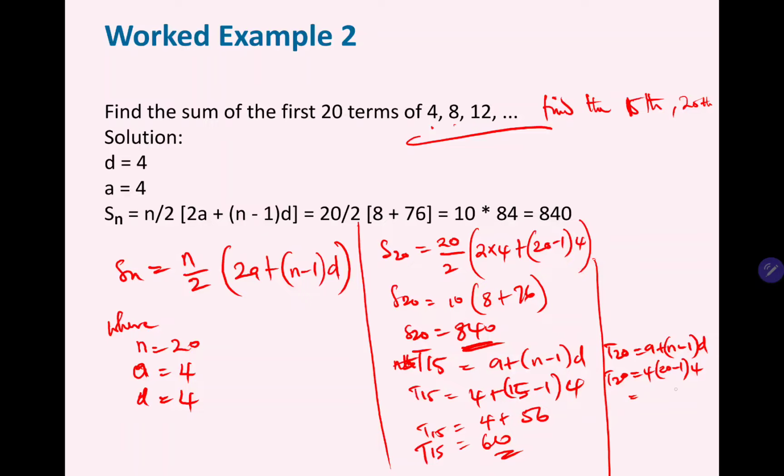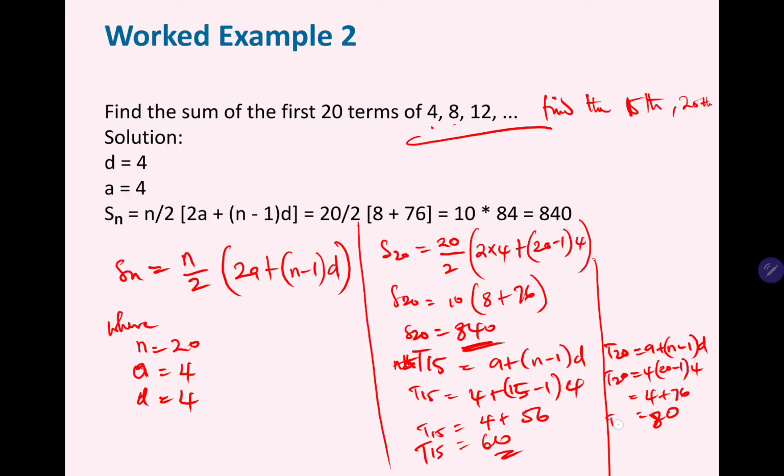This will be the same thing as 20 minus 1 is 19. 19 times 4 is 76. 4 plus 76 is equal to 80.